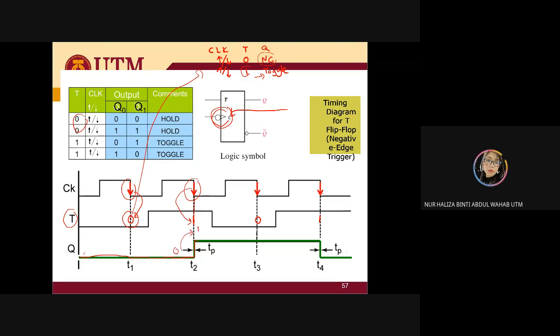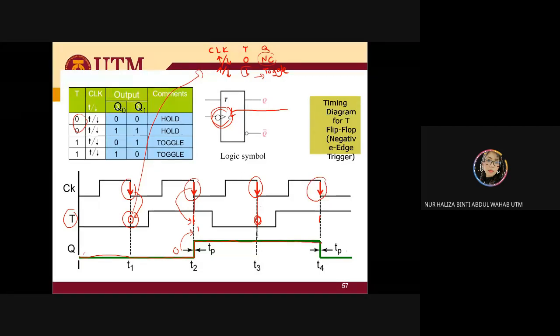You toggle and you continue until you meet another negative clock. At this line, your value is 0. And if 0, there is no change. So you're going to continue until you meet another negative clock.